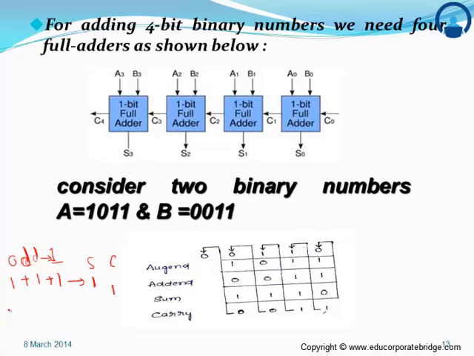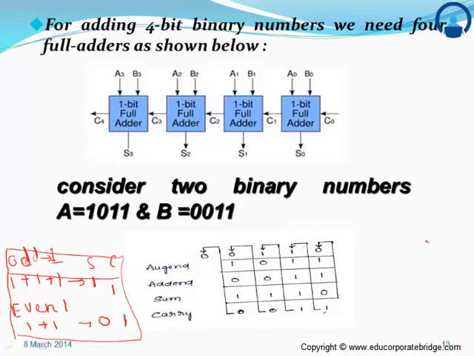If there are even number of ones, that is if 1 plus 1, the sum will be 0 and carry is 1. This is a very important shortcut to work out the addition. Once we know the shortcut, we can definitely work out any number of ones. We just have to check out whether the number of ones are either even or odd.